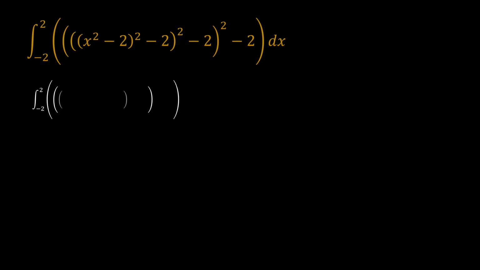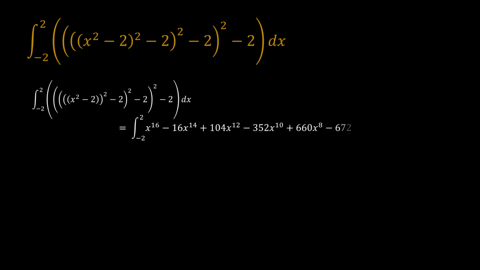So eventually when expanded out, it is the same as the integral of x to the power 16 minus 16 times x to the power 14 plus 104 x to the power 12 minus 352 times x to the power 10 plus 600 times x to the power 8 minus 672 times x to the power 6 plus 336 times x to the power 4 minus 64 times x squared plus 2.